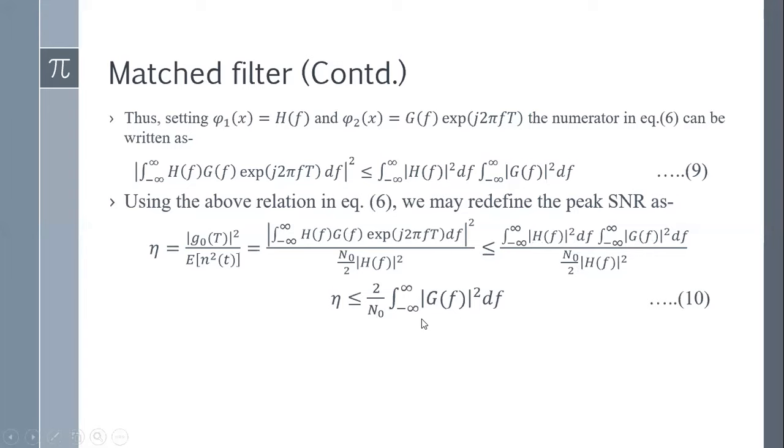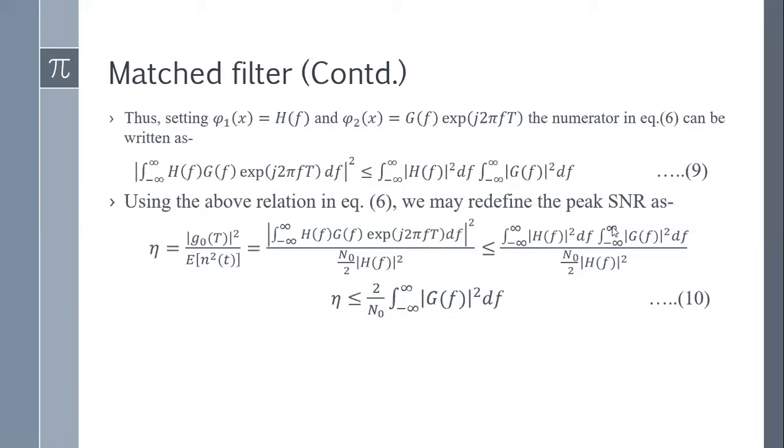Now see, very important here, if you notice, this peak signal to noise ratio doesn't depend on the impulse response of the matched filter. The signal to noise ratio doesn't depend on the impulse response of the matched filter, but it depends on the exponential part.